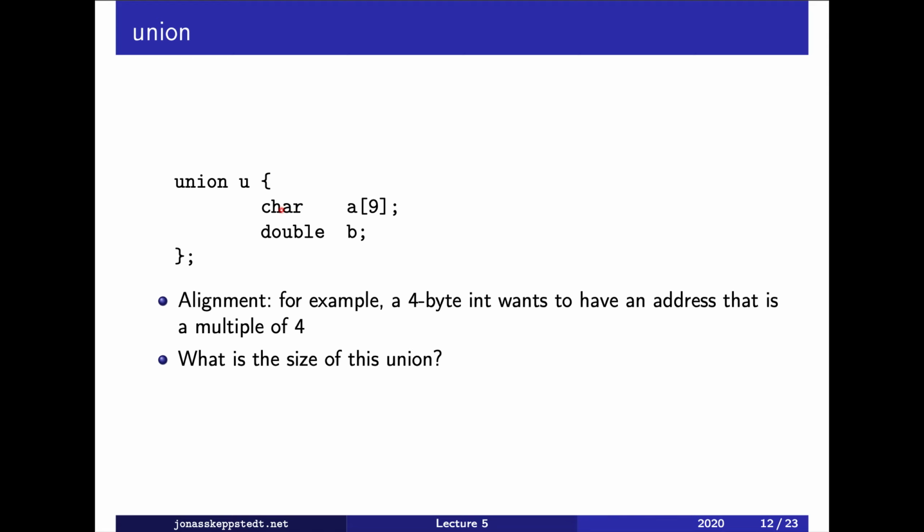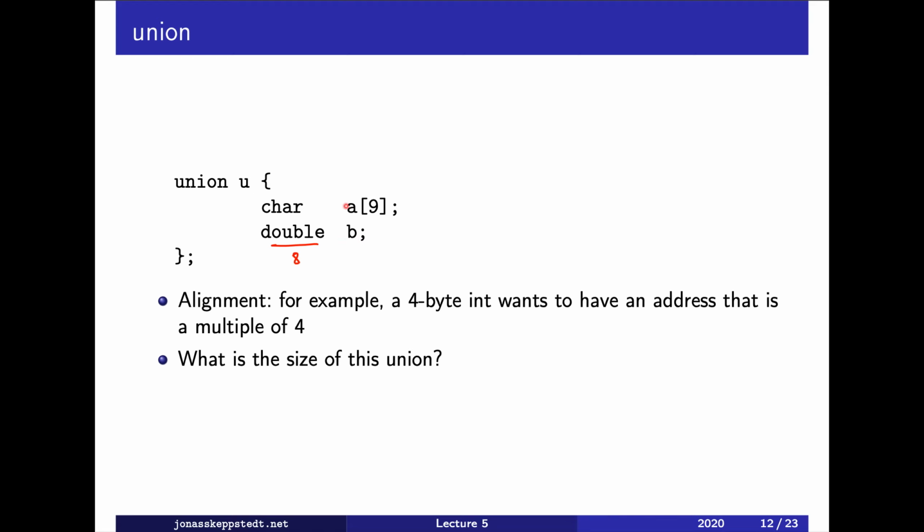All types except char have a desire to be at an address which is a multiple of the size of the type. Well, it's not the type that wants that, but the variable. So this B is 8 bytes. It wants to be at an address which is a multiple of 8. Okay, that's fine.